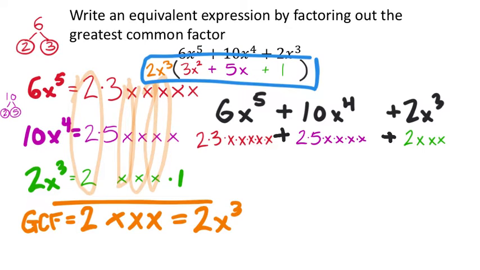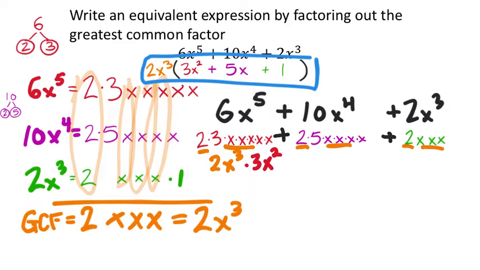And then what we see from here is that each of these has a 2 and 3 x's from each of the 3 terms that I can pull out, right? So to rewrite this, and most students don't show it this way, but you can. So that'd be like saying you got 2x to the power of 3 times the 3x to the power of 2. That was the first term.